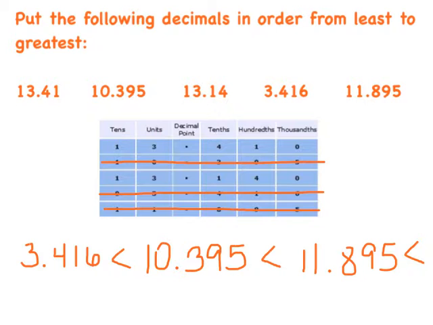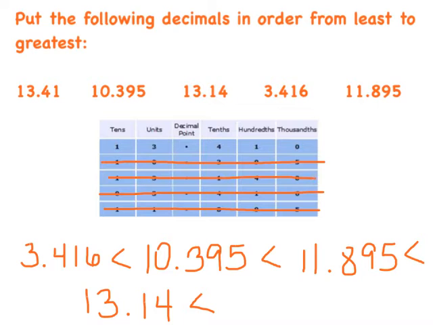Okay, now I'm still looking at my units place, and those are both 3, so that's not going to help me. So I'm going to go to the next column to the right, and that's my tenths place. I see a 4 and a 1, and a 1 is smaller than a 4. So my 13 and 14 hundredths is going to be next. So that's what I'm going to write, 13 and 14 hundredths, and that is smaller than, or less than.